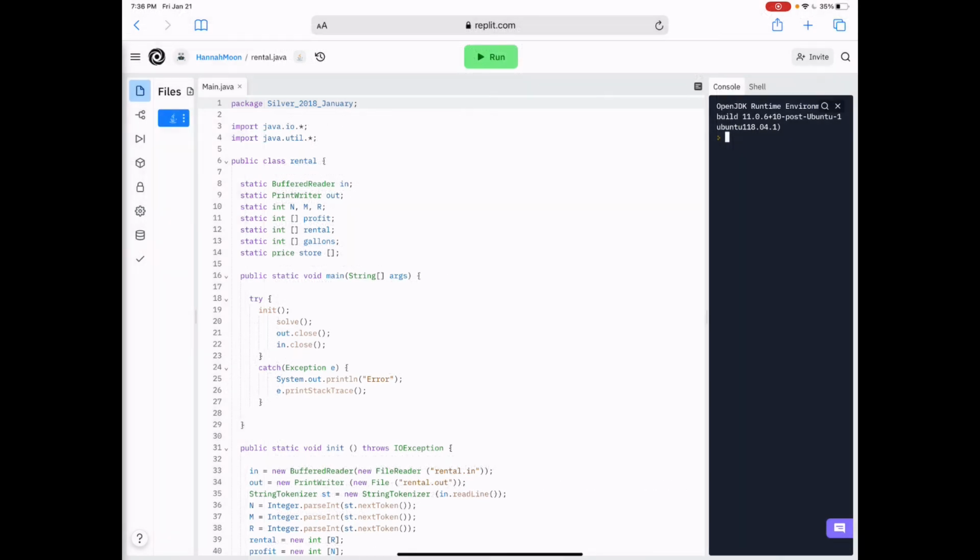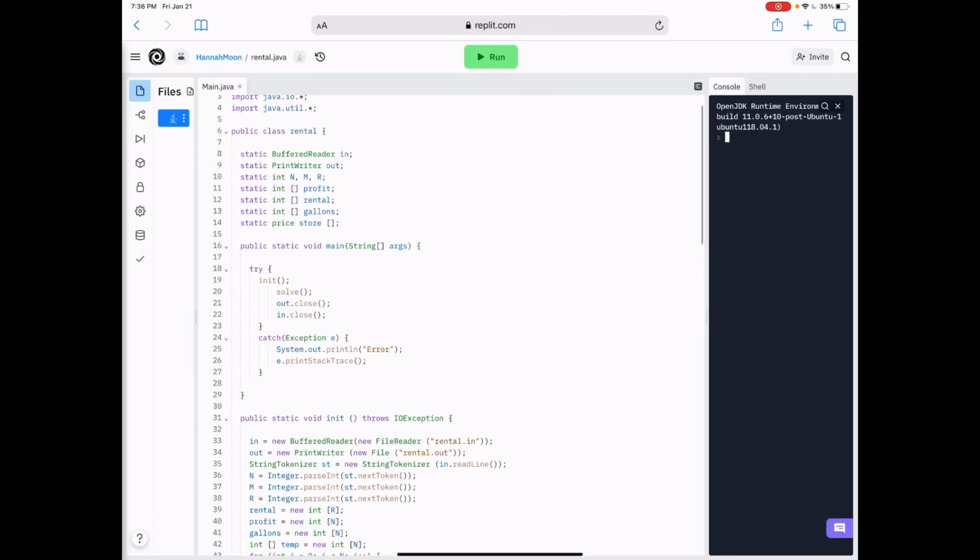Here is my solution for this problem. Basically I initialize all my variables: N, M, R, the profit that can possibly be made, the rental price and the gallons, and the amount that stores are willing to pay for each cow.